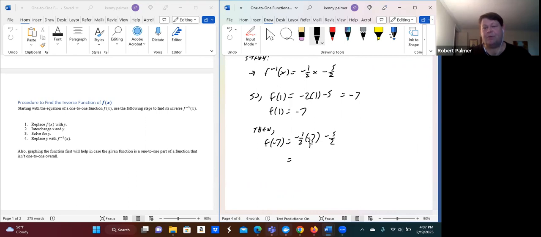Negative 1 times negative 7 is positive 7/2 minus 5/2. Combine our numerators, that's going to be 2/2, which is 1. And that's what it should be. So we plug in a number in the first function, we got that value, plug that value back in the inverse, then we got what we started with. So that is definitely the inverse.